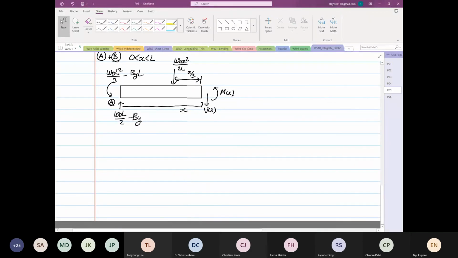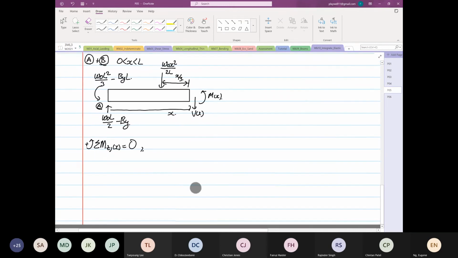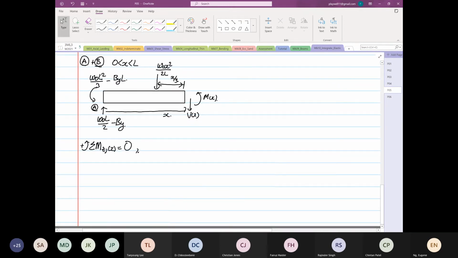So for the moment part, we are going to do summation of moment in the Z direction as a function of X is equal to 0. Our first moment is going anti-clockwise also. So it's omega naught L squared over 3 minus BYL.